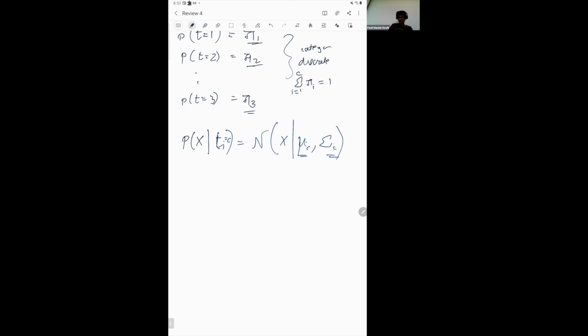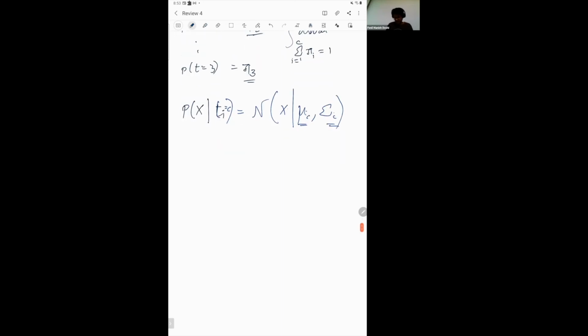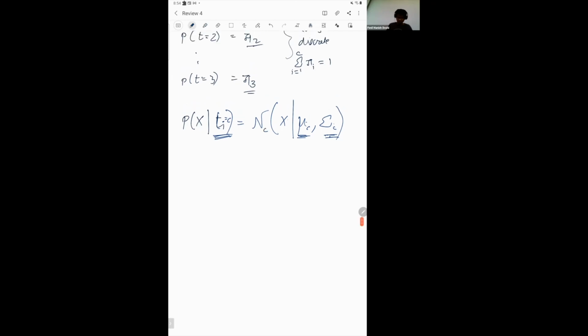So T_i equal to c indicates that this latent variable took the value c, meaning it came from the cth cluster, and mu of c and sigma of c are the parameters of the cth Gaussian.